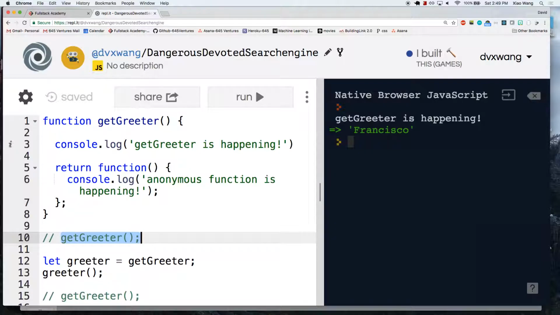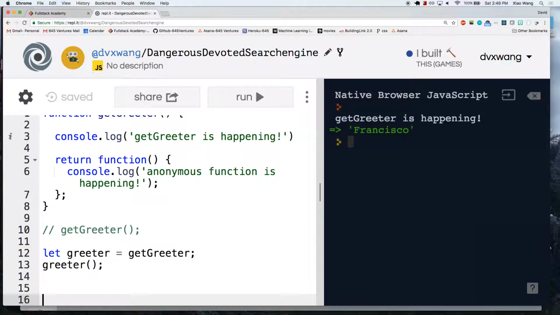On line 12, ignore line 15, I'll scroll. On line 12, we're literally just setting almost an alias. We're saying, hey, greeter is equal to getGreeter. That's it. No returns, nothing. They're literally the same exact thing. And then we run it on line 13. Well, that's literally the same as just running getGreeter.